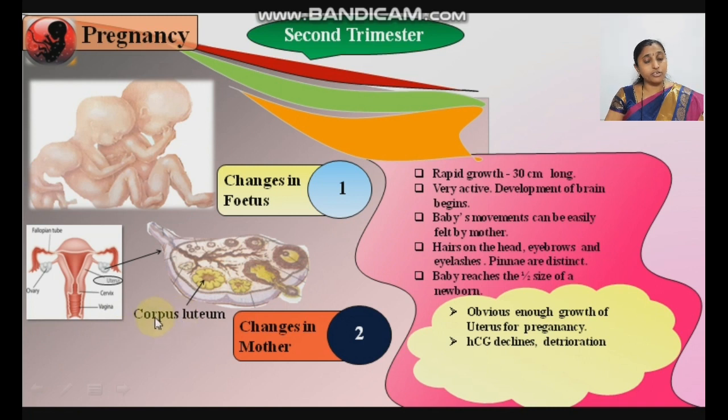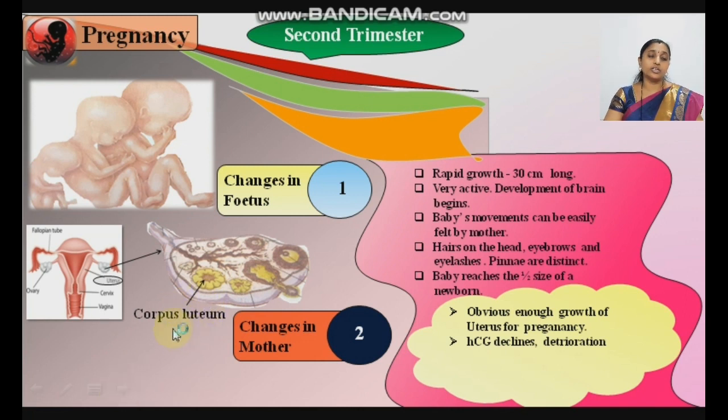The structure and functional activity are controlled by the human chorionic gonadotrophic hormone, but due to the decreasing level of this hormone, the corpus luteum deteriorates and regresses. Then what is the next step? How is progesterone secreted? Because the site of progesterone secretion is the corpus luteum, but the corpus luteum deteriorates.